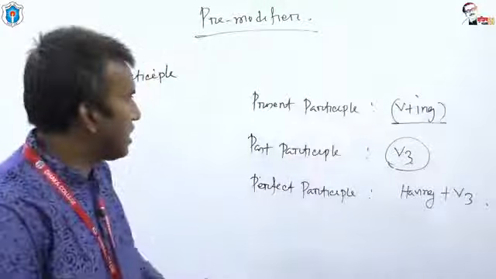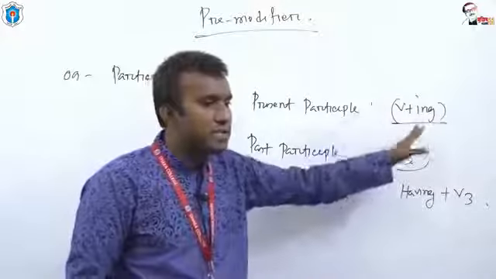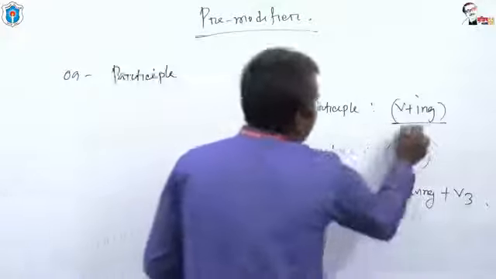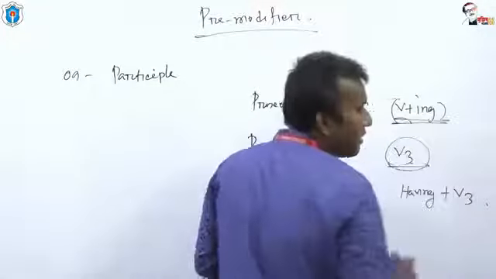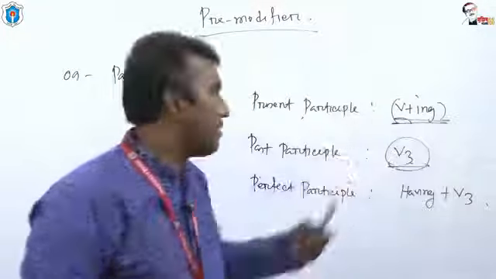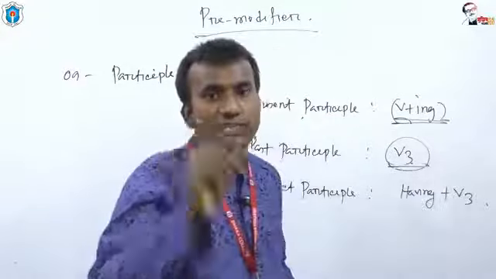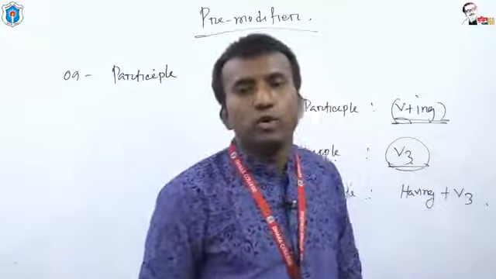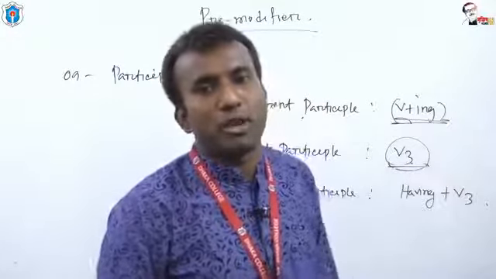Look at the structure of present participle, past participle and perfect participle. Present participle is verb plus ing, past participle is the past participle form of the verb. Perfect participle has the structure: there must be having, and after having we have to use the past participle of the verb.